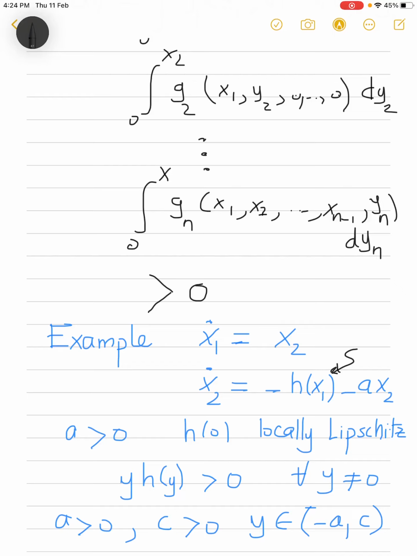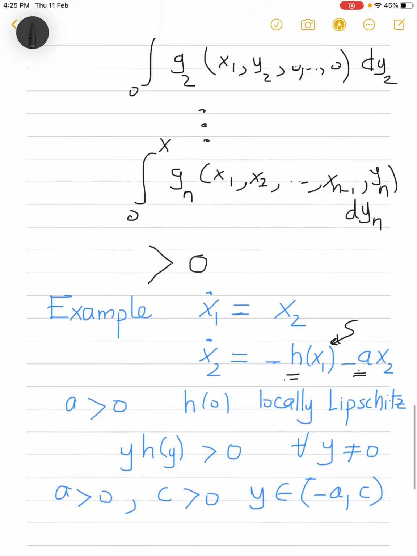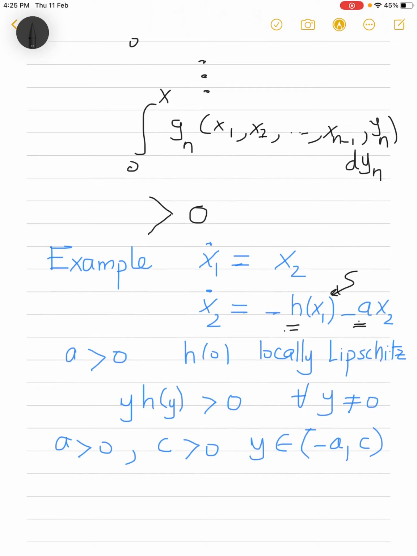We assume here that the constant a is positive, and that the nonlinear function is locally Lipschitz, and we assume that y times h of y, which is the product of the nonlinear function by its argument, will give us a positive answer.